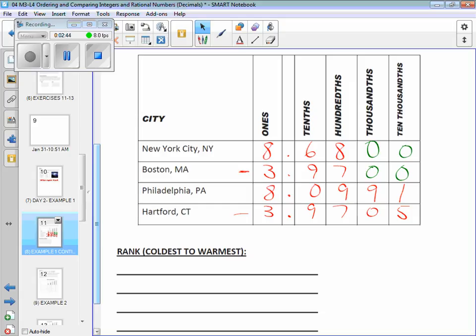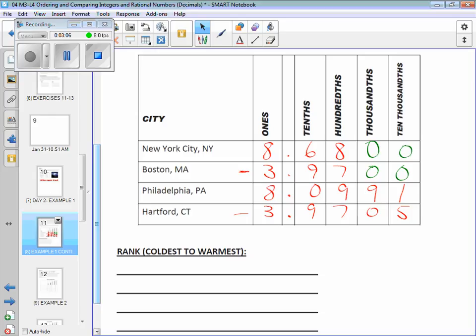They want coldest to warmest. Cold meaning the lowest, right? So what's lower? Positive 8s or negative 3s? Always think what's furthest to the left. Yes, negative 3. Out of these two cities, Boston and Hartford, one of these is going to be my coldest.